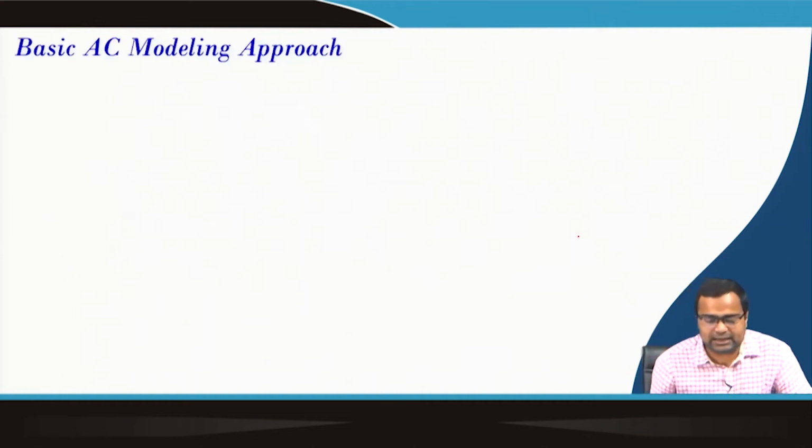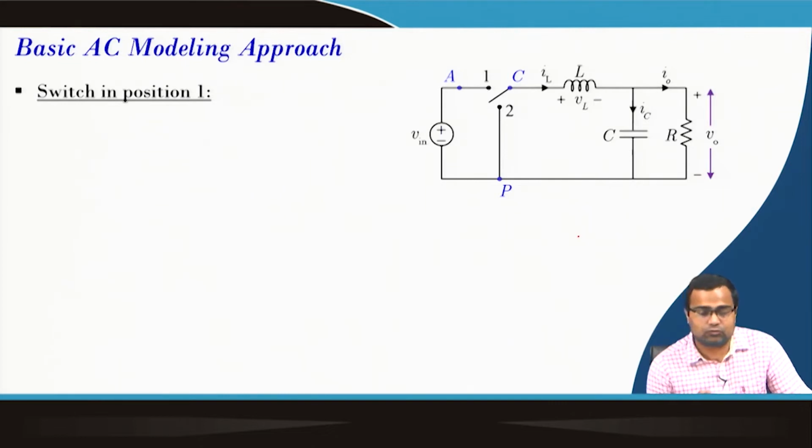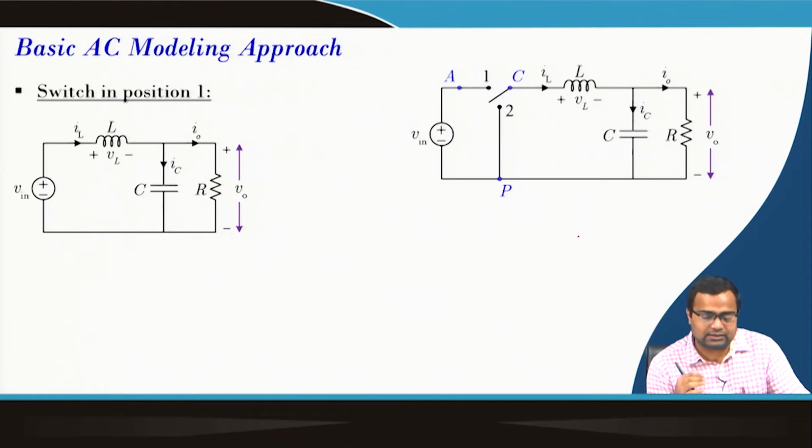For the basic AC modeling approach, if we take a buck converter, the first approach is known as the circuit averaging technique, in which we first write or draw the equivalent circuit for the different switch configurations.